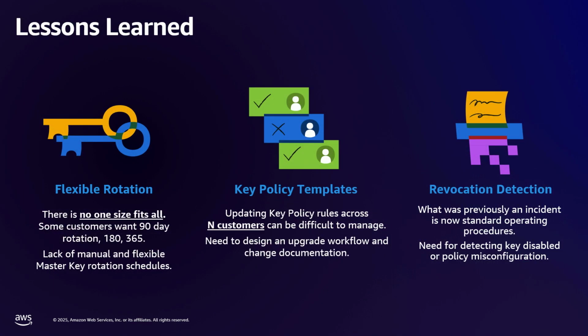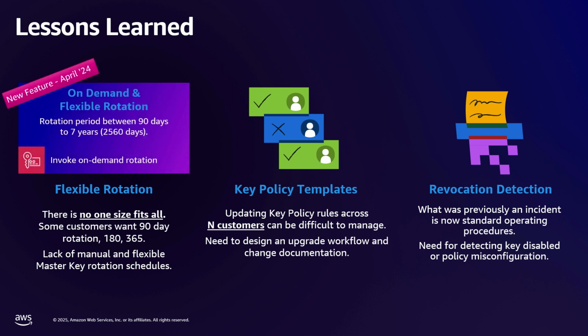All right. Some of the lessons learned, right? So customers are more interested in understanding the lifecycle management of the keys. How often they want to rotate the keys is up to the customer. For example, AWS solved the problem of rotation period between 90 days and up to 7000 days. So you can do a key rotation on demand or maybe on a scheduled period.